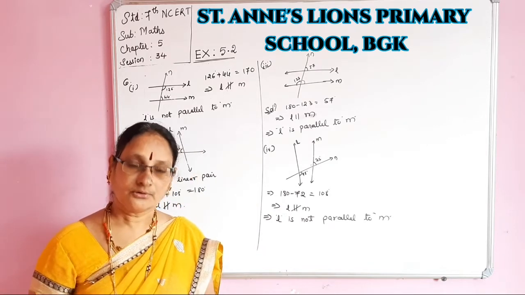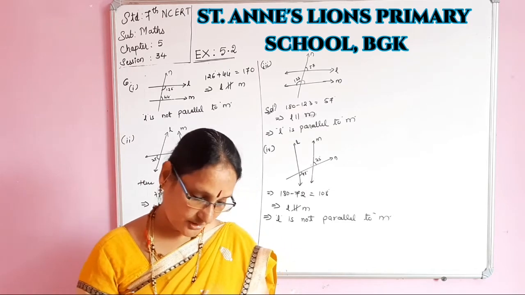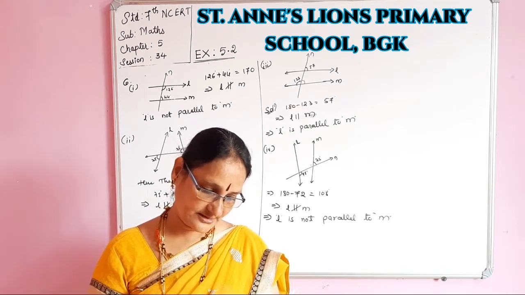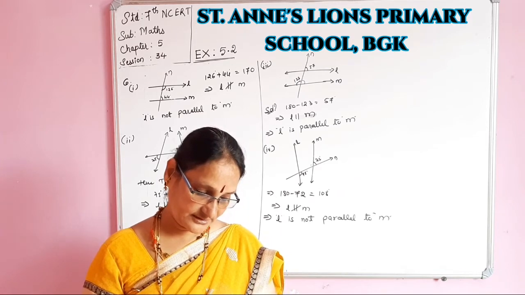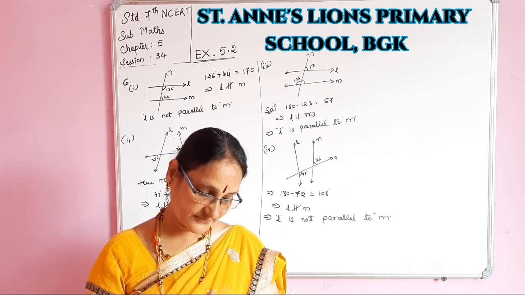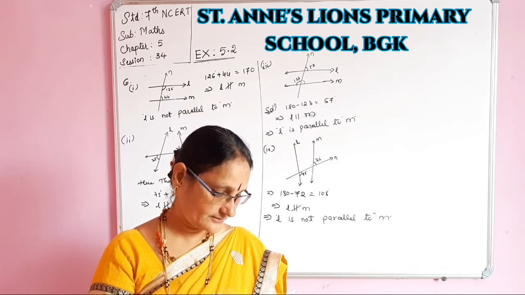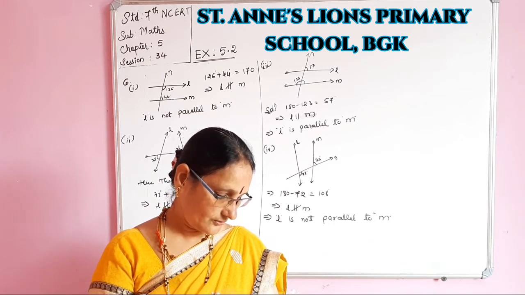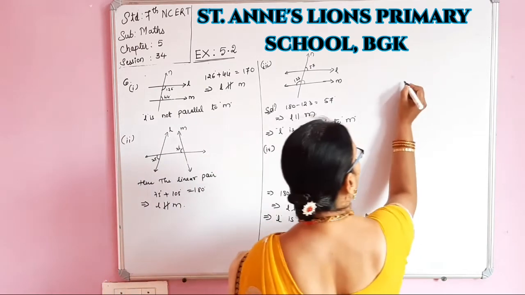Now I told you to copy the points after completing the chapter. So what points do you have to take? See, from page number 111 you have to take the second point, third point, fourth point, and also the fifth point. These are the points to remember. So here I am writing.